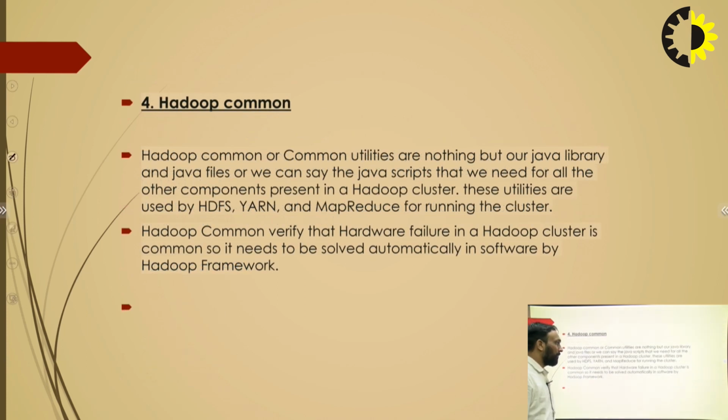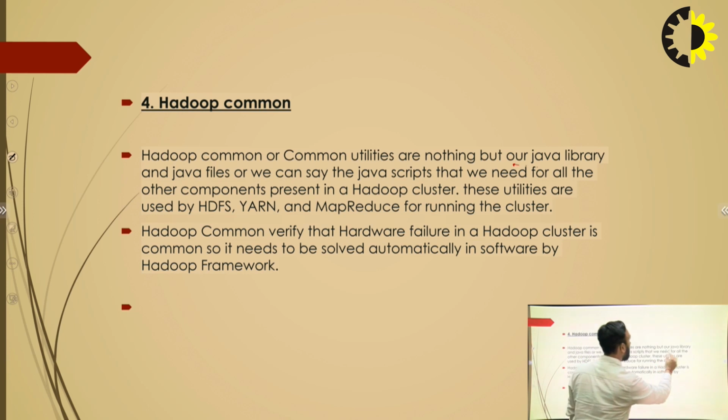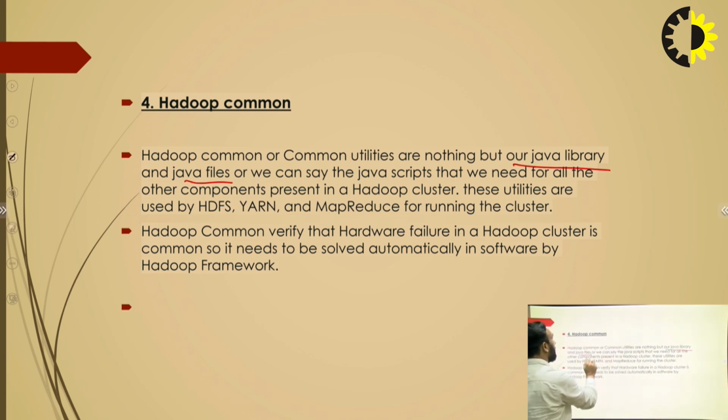What is Hadoop Common? That is the fourth component of the Hadoop architecture. Hadoop Common, or common utilities, are nothing but our Java libraries and Java files, or we can say the Java scripts, that we need for all of the other components present in a Hadoop cluster. These utilities are used by HDFS, YARN and MapReduce for running the cluster.